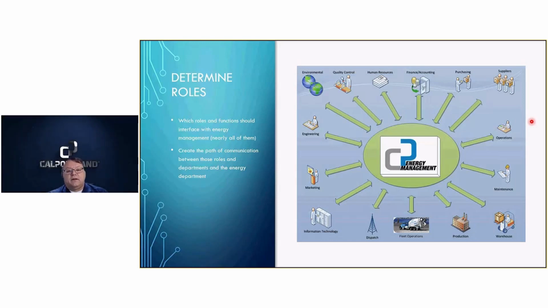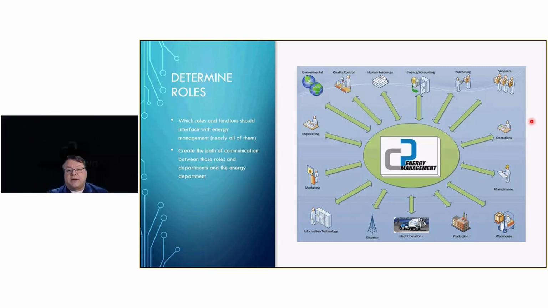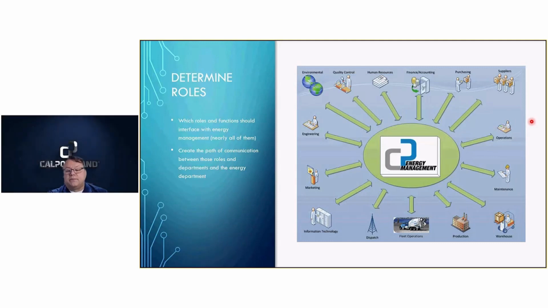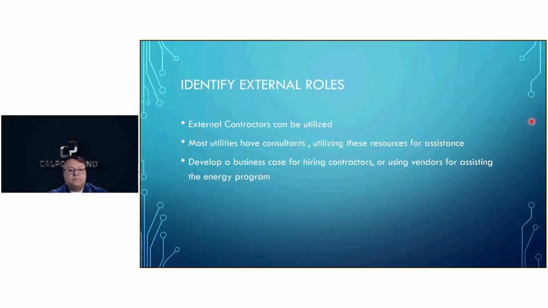This shows energy management and who we are touching, who we are in contact with, and it's just about every different part of the company, with communications in both directions. It's an important part of our actions.